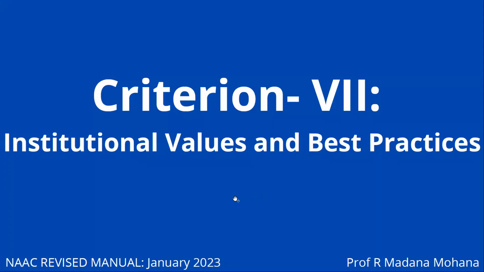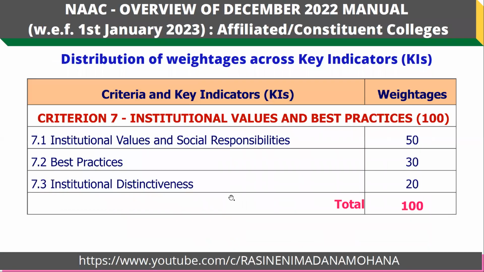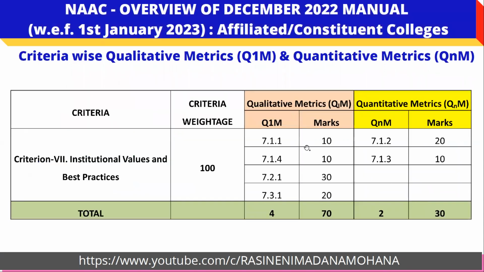Criterion 7, institutional values and best practices, consists of 3 key indicators. The first one is 7.1, institutional values and social responsibilities with 50 weightage. Then 7.2, best practices with 30 weightage. Then 7.3, institutional distinctiveness, 20 weightage. Total 3 key indicators. The total weightage is 100. Then again, the details of qualitative metrics and quantitative metrics of Criterion 7.